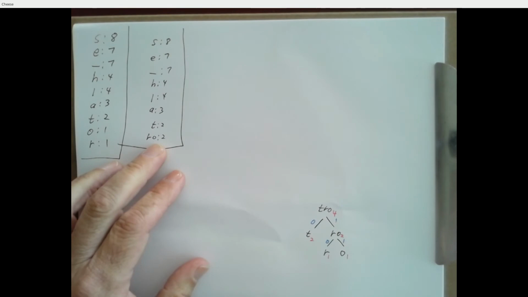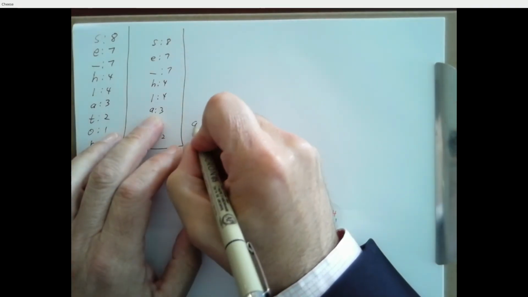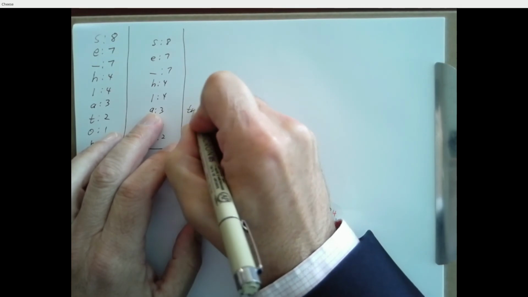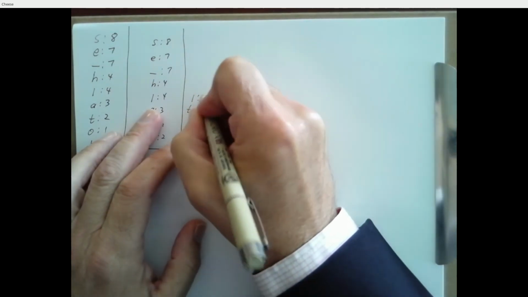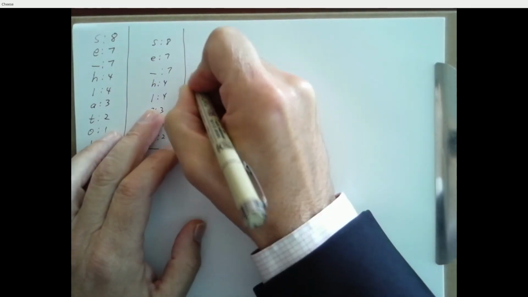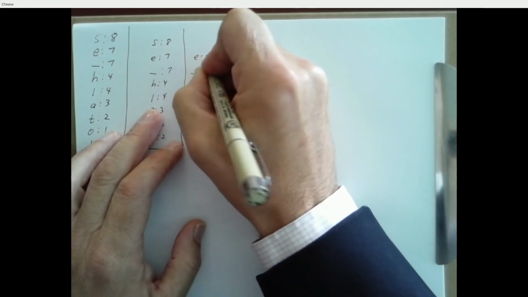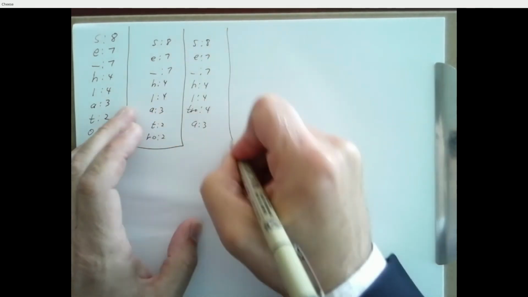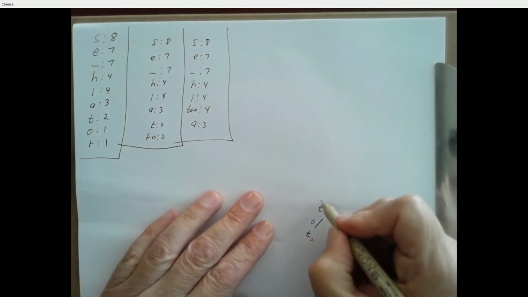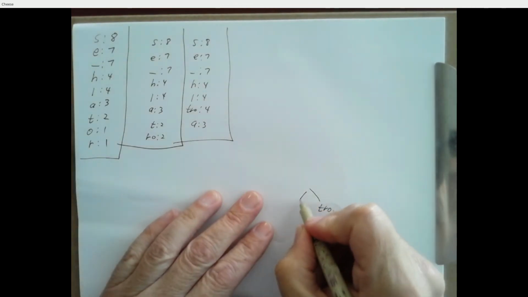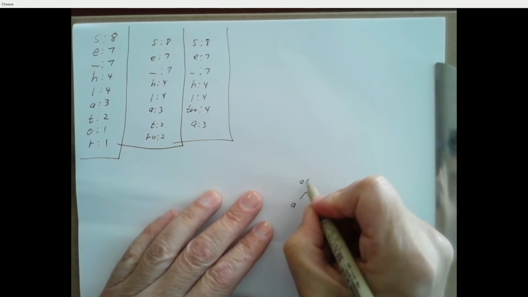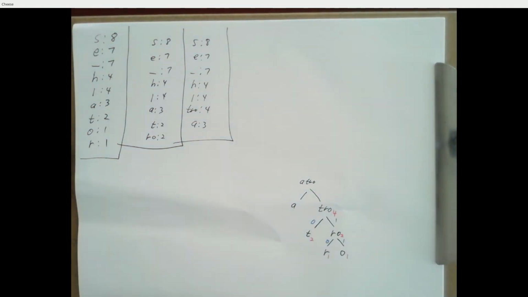So TRO has a frequency of 4, so our least frequent is A, which is 3. TRO is 4, L is 4, H is 4, underscore 7, E 7, S H. Take the two least frequent symbols, that's going to be A and TRO. So put those together into a new symbol. And the way in which I'm doing this doesn't matter.